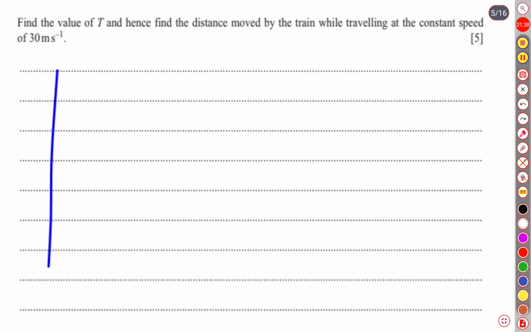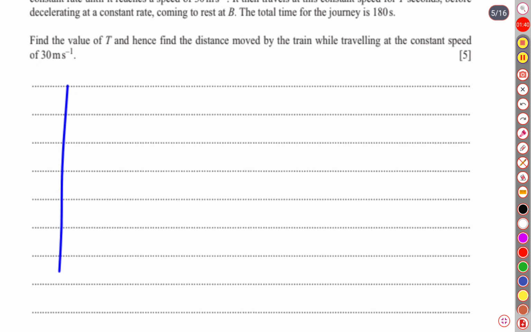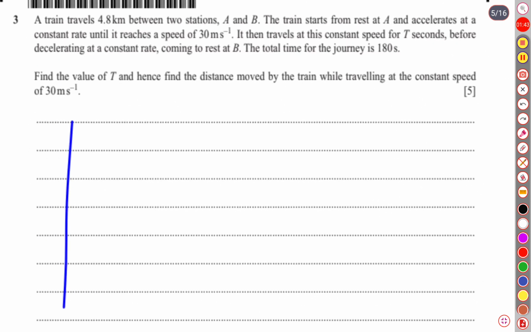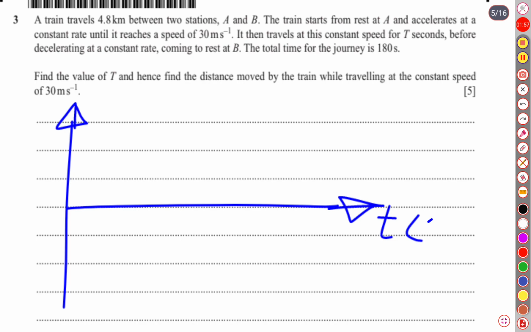This is the velocity, that means the vertical axis is velocity, v meters per second, and we are supposing the horizontal axis as time, t seconds.